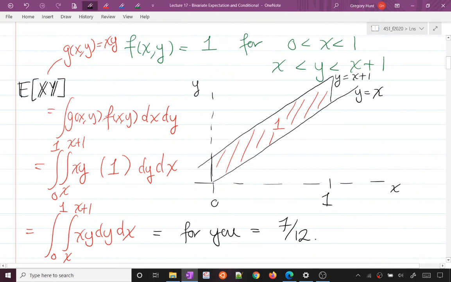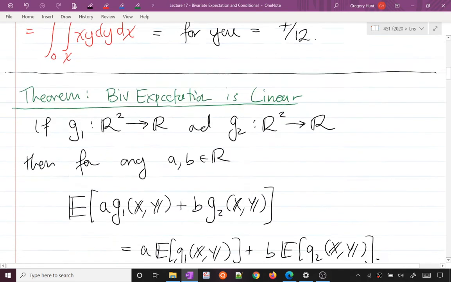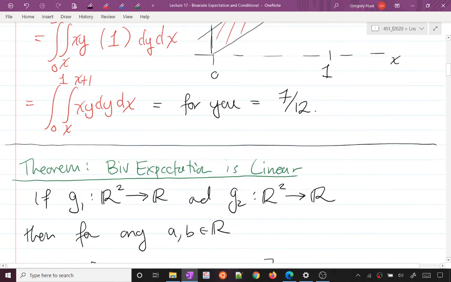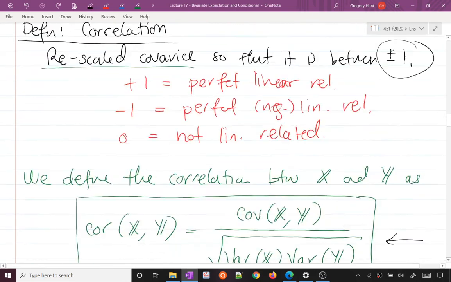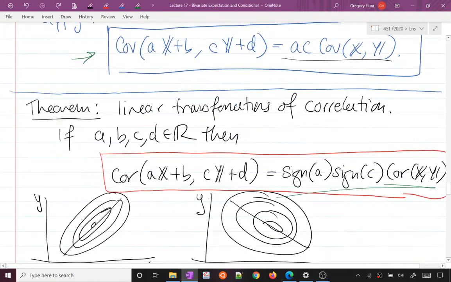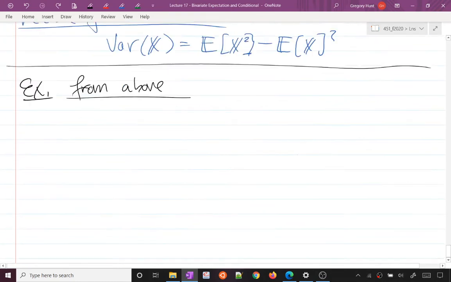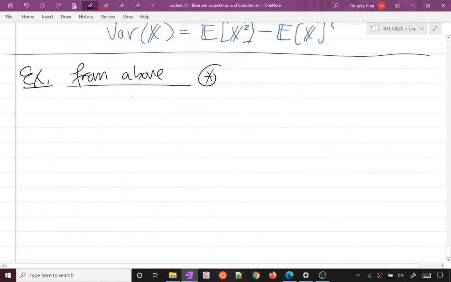We had calculated that the expected value of the product was 7/12. And you could ask instead, it looks like x and y have some relation. They tend to lie somewhat on some line here, right? Not perfectly, but approximately. And so you expect that they're going to have some correlation or covariance. So we could use that fact to calculate from that example the covariance.